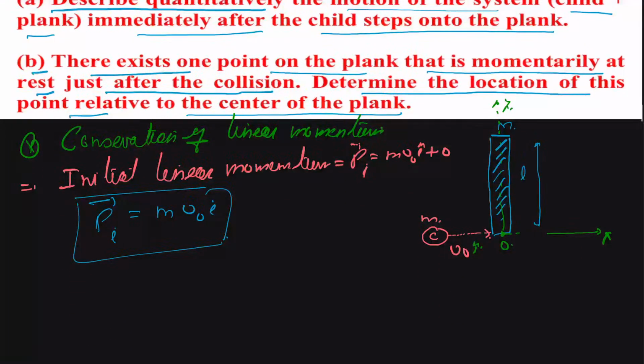And after the collision the child is on the Plank, so the total mass of the system will be m plus capital M. Okay. And let us suppose the center of mass is somewhere here and its velocity is VCM.